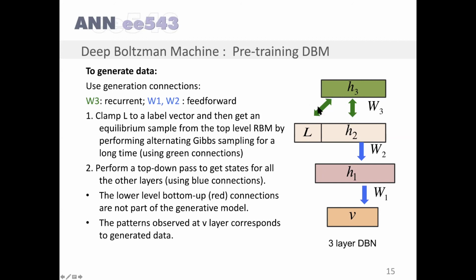For this purpose, use the green connections, and then in the second step, perform a top-down pass to get states for all other layers using the blue connections. The lower level bottom-up red connections are not part of the generative model. We are not using the connections going up for generation. The patterns observed at the V layer correspond to generated data.